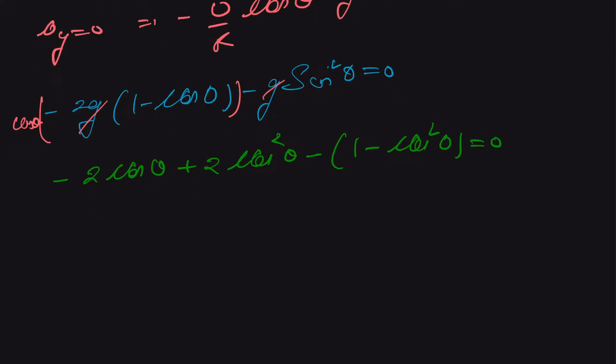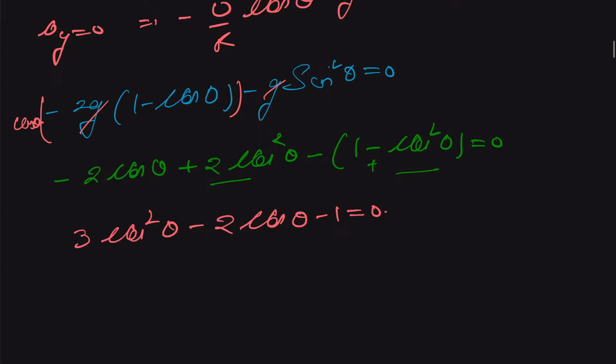If we open this, this becomes a minus and this becomes plus, so this comes to 2 plus 1, which gives 3. So we get 3 cos square of theta minus 2 cos of theta minus 1 equal to 0.